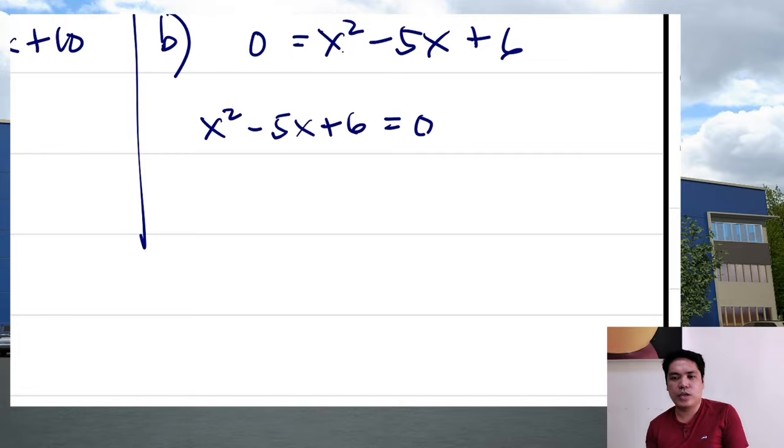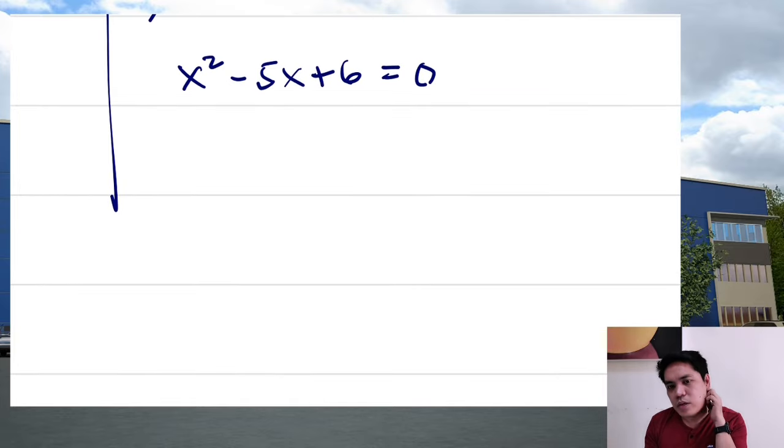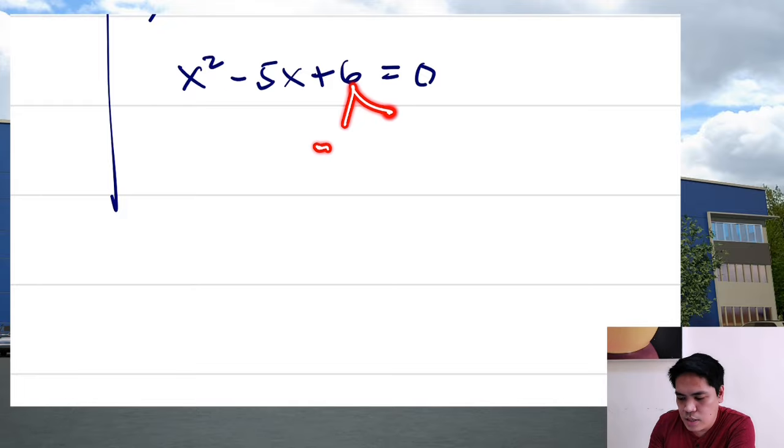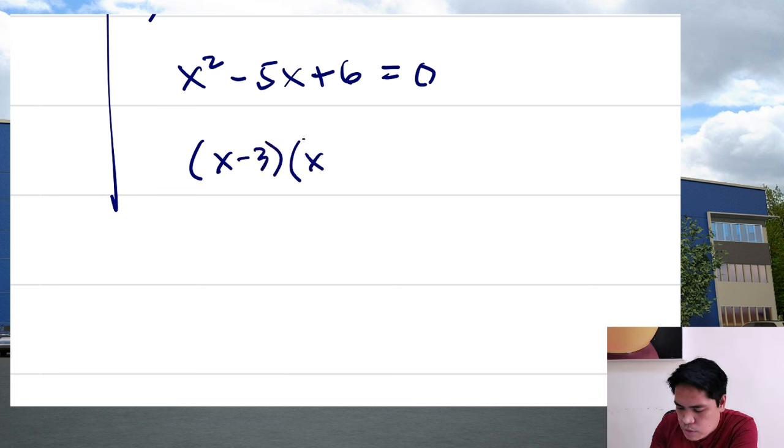So, it will either use quadratic formula or completing the squares, or simply factoring, no? The factors of 6 are negative 3 and negative 2, and negative 3 minus 2 is negative 5. So therefore, using factoring, x minus 3 times x minus 2 equals 0.